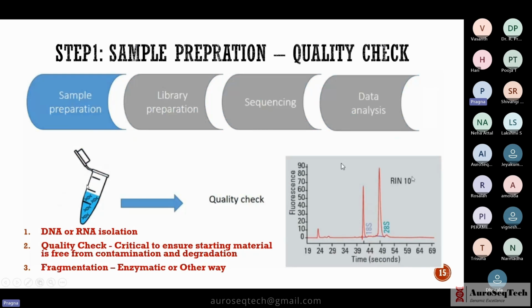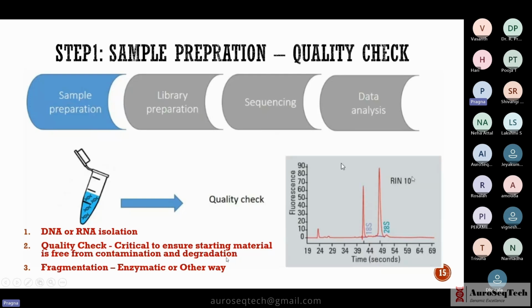As I mentioned, the DNA or RNA is isolated from different types of samples. Then quality checking is done in different ways for the DNA and RNA. So why is quality checking important before proceeding to sequencing? It is essential because the starting material should be free from contamination and it should not be degraded.